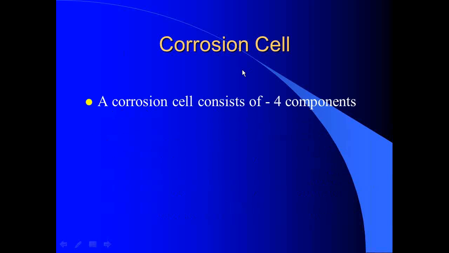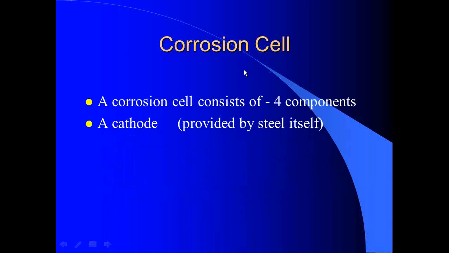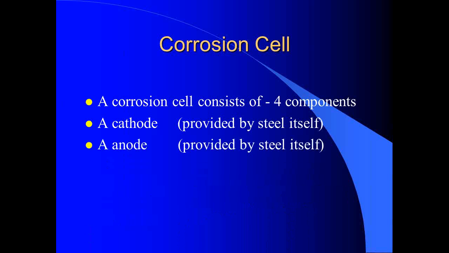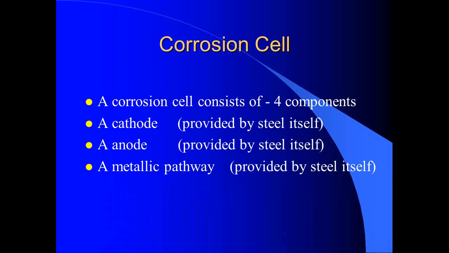Corrosion cell. The corrosion cell consists of 4 components. You have the cathode, which is provided by the steel itself. You have the anode, provided by the steel itself. You got the metallic pathway. Steel is made up of a granular structure. If you look at that steel under magnification, there are smaller and larger granules of steel.